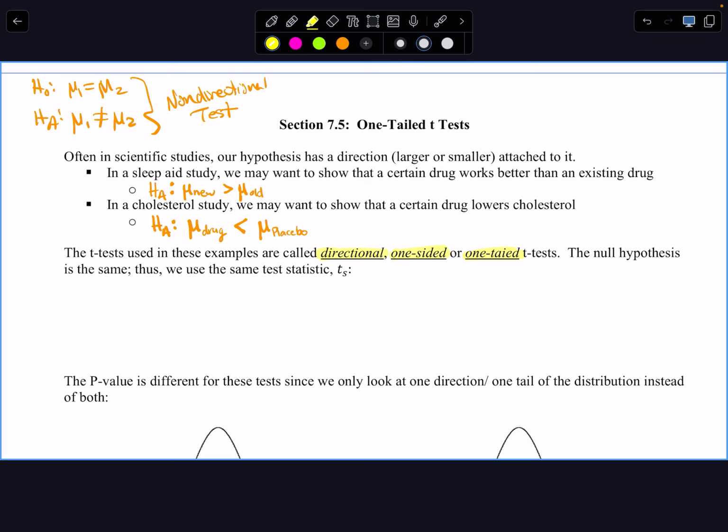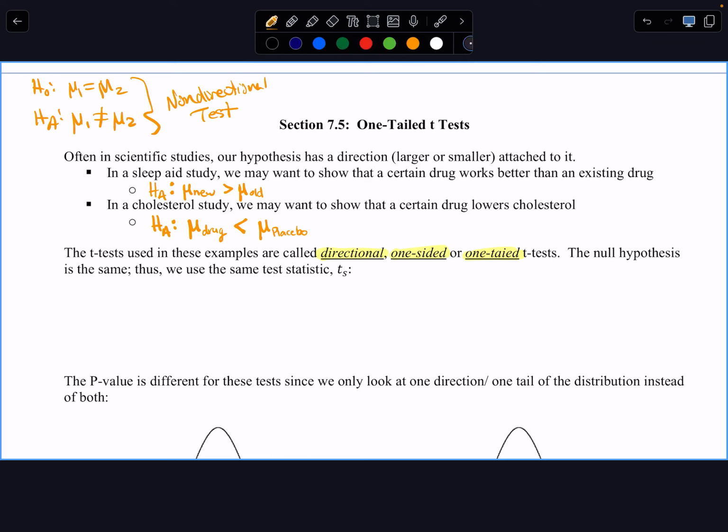Now, the null hypothesis for these tests will be exactly the same. For us in our course, our null hypothesis is always going to be equality, all right? And the alternative is going to be some kind of inequality, either not equal to or, as we see here, less than or greater than. So since our null hypothesis is still the same, our test statistic is the same, all right?